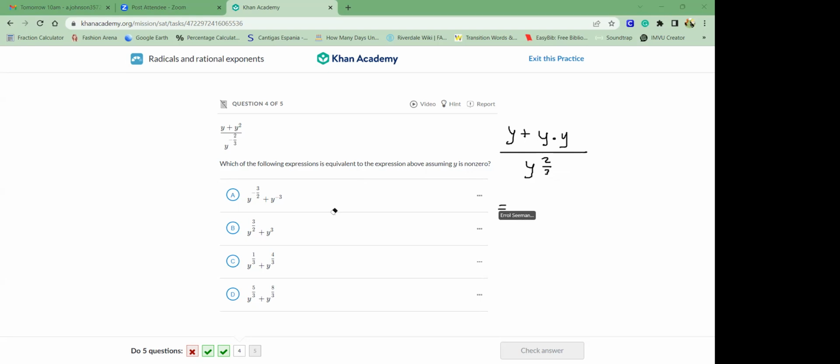So if we factor out a y, we'll have 1 plus y, and on the bottom, we'll have y to the power of 2/3. So the y's will cancel, right? No, my bad, the y's will not cancel. How do we simplify this?